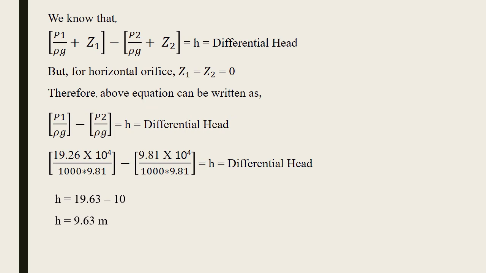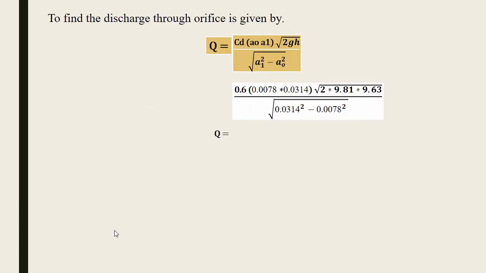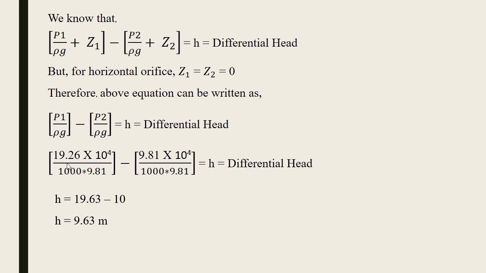And one more thing you should remember is that here the water is flowing, so you have to substitute the density of the fluid flowing. So it is going to be 1000 always for water.